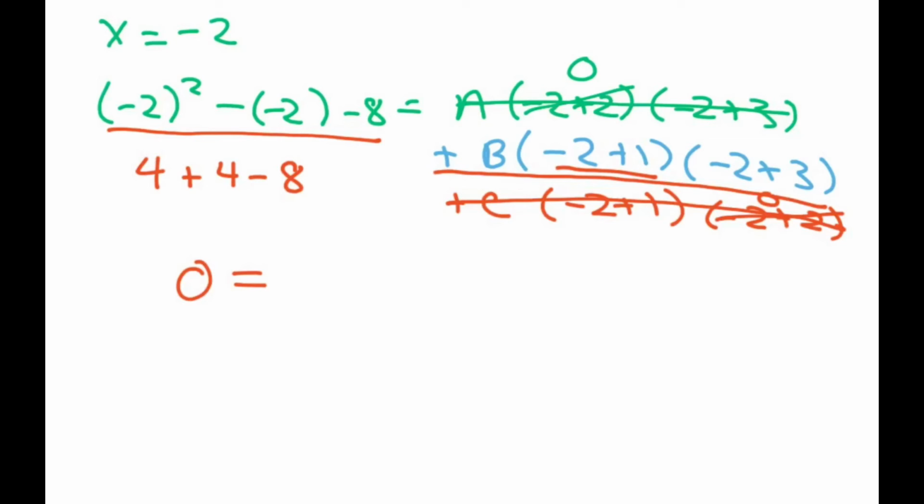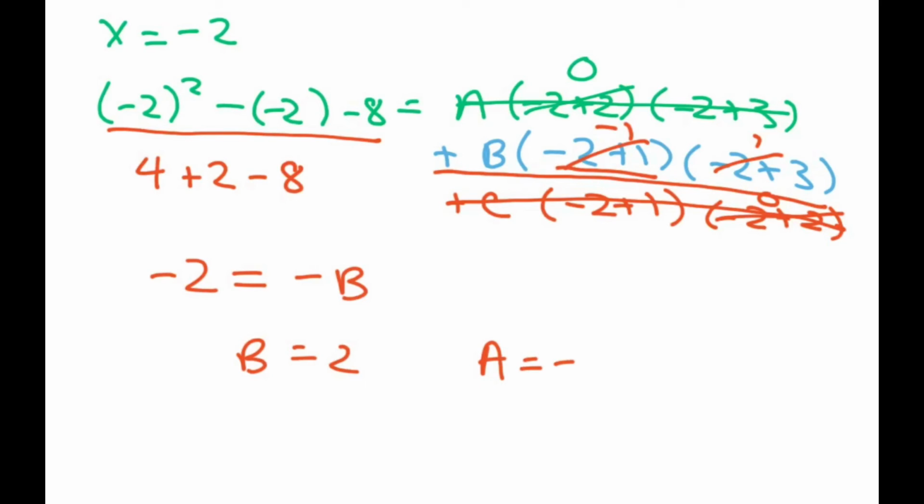Oh, it should have been a 2 here. So basically this is negative 2, equals negative b, because this is negative 1 times 1. All right, so b is 2. And again, our a was negative 3.